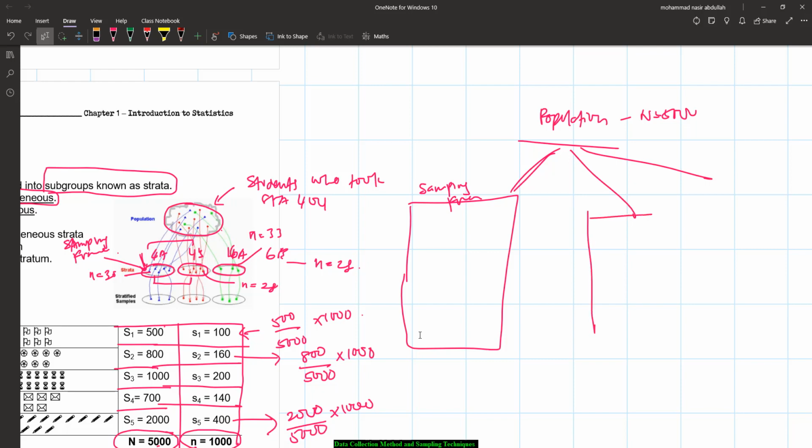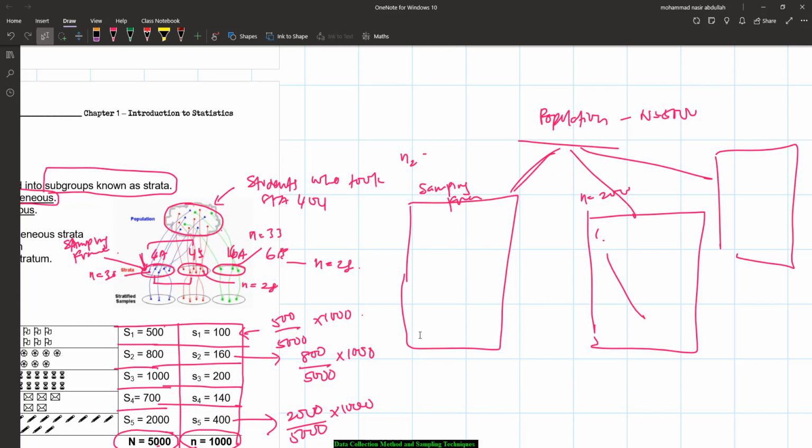N1 is equal to 1,000, N2 is equal to 2,000, and N3 is equal to 2,000. So the total is 5,000. So we need a sampling frame: this is 1 until 1,000, this is 1 until 2,000, and this is 1 until 2,000.